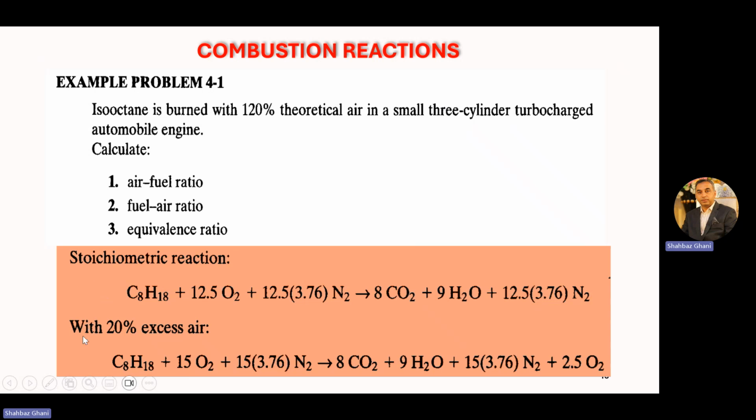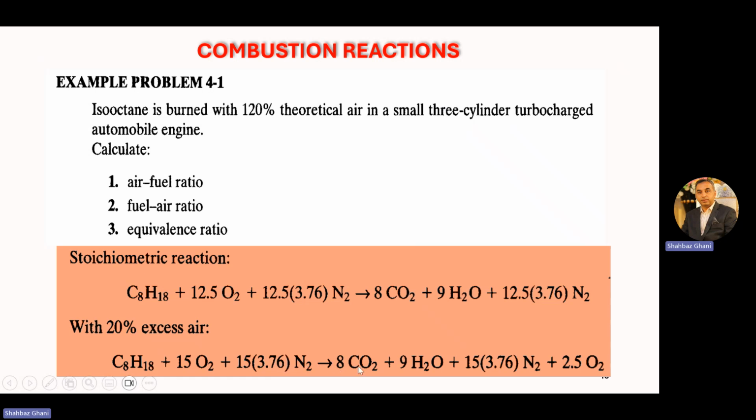Now we have 20% excess air, so 20% more oxygen. The equation will be C8H18 plus 15 O2, so instead of 12.5, now we have 20% more, plus 15 times 3.76 of nitrogen.